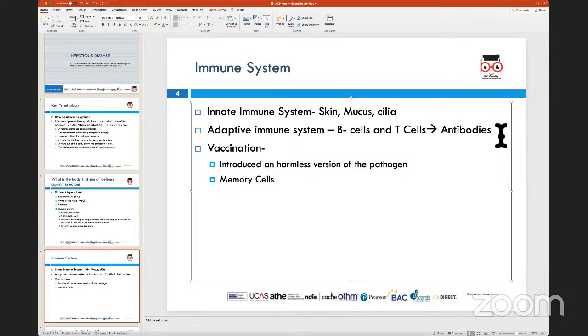So there was a specific vaccine created for COVID-19 virus, wherein the inactive version of the virus was injected into the body, and that allowed the body to actually start creating what is called adaptive immunity.